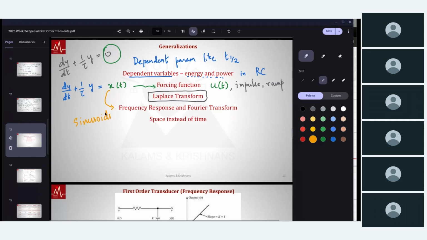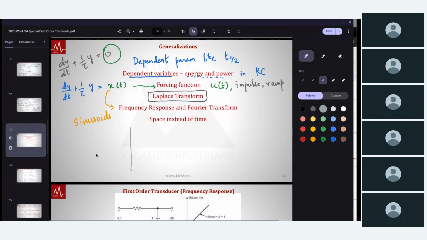In biomechanics, I said creep recovery is one experiment we do, relaxation is another, and we also do oscillatory shear. In electrical circuits, I have an AC voltage source. What happens to the current and voltage in the RC circuit? If it's not a single sinusoid, the ventilator forcing function is actually a complex function, but it's periodic.